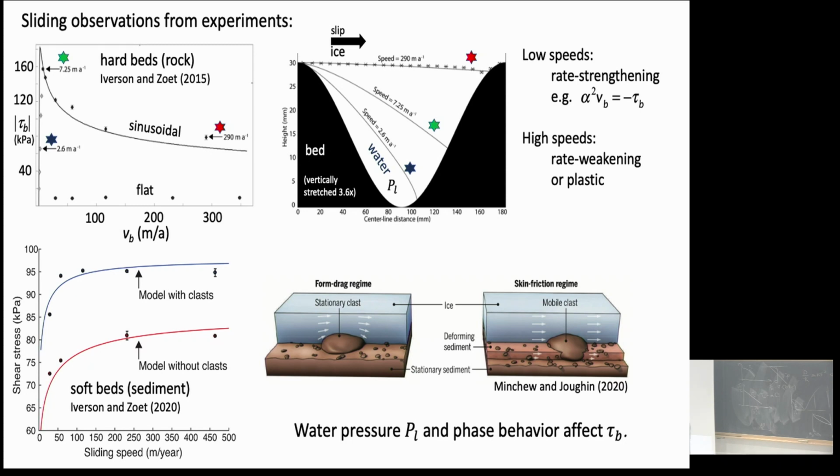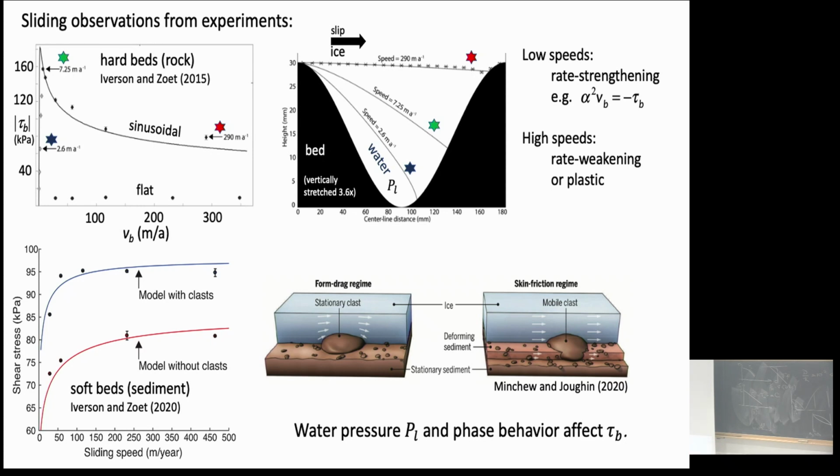And the cartoon version of this is shown here. The idea is that the ice has to deform to get over bumps if you're sliding slowly. We call that form drag. But if you slide fast enough, you actually just pick up the rocks and you plow them through the sediments, and there's Coulomb friction, and that explains this rollover here. Okay, so that's the laboratory view of how sliding works under glaciers.